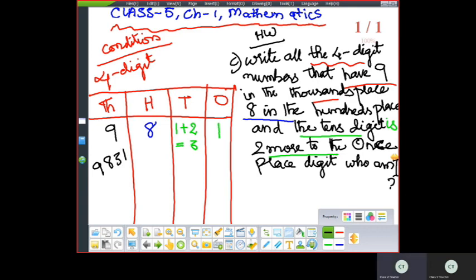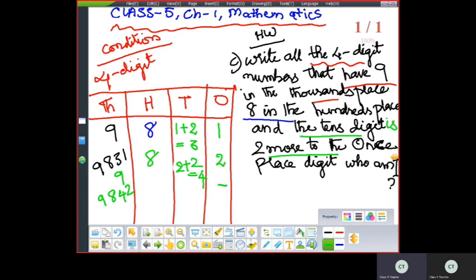9831. Now if I have taken 2 in the ones place, so 2 plus 2. So what is the number formed? 4. So 2 plus 2 is 4. Here anyhow it is 8 and here it is 9. So what is the number I'll get here? 9842.